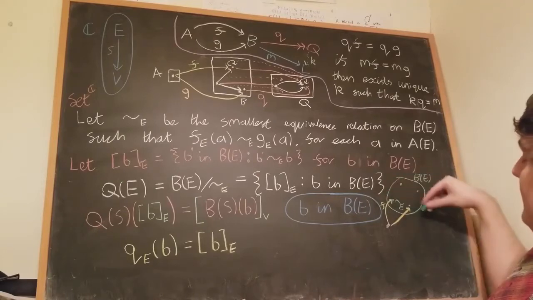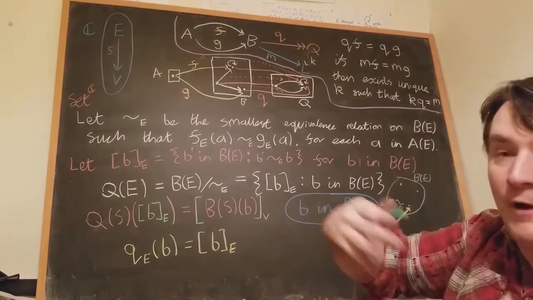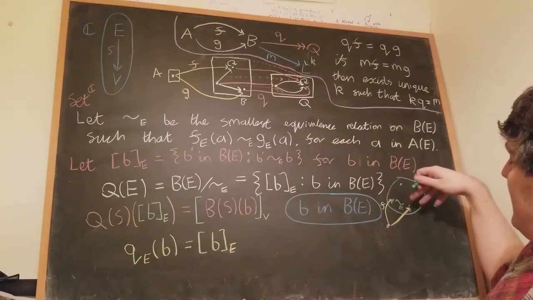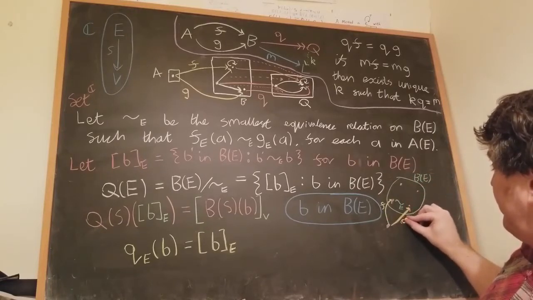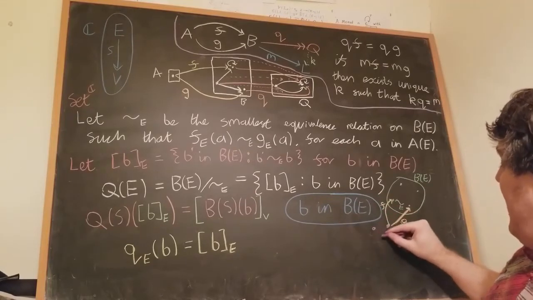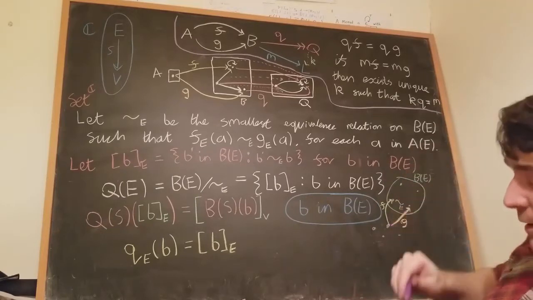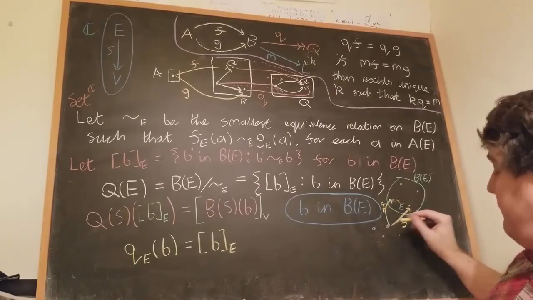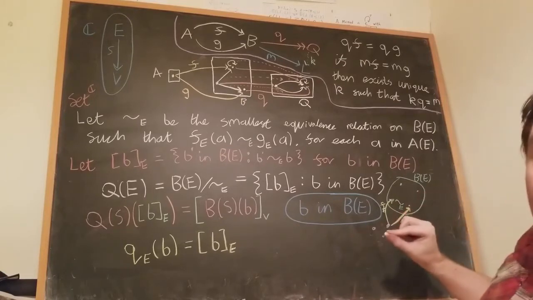Or if you like, the way I like to think of it at least is, imagine we're making a kind of undirected graph. So we link these two vertices, okay? And we do this for every element of A of E. Every time we have an element of A of E, we see where it goes to under F. Well, okay, this should actually be F of E, and this should be G of E, because these are components of natural transformations, right?